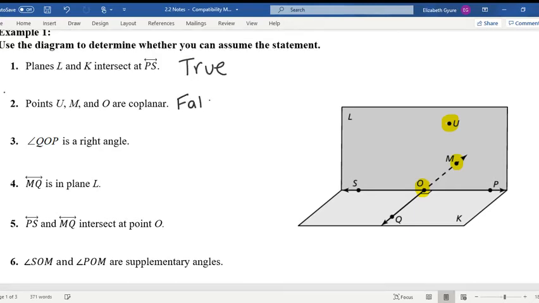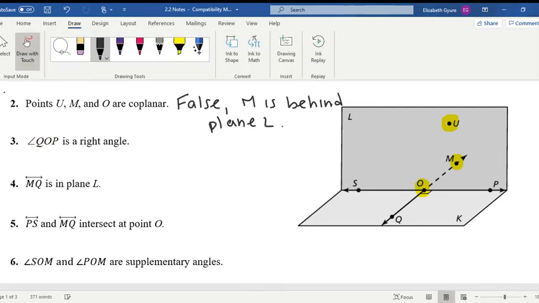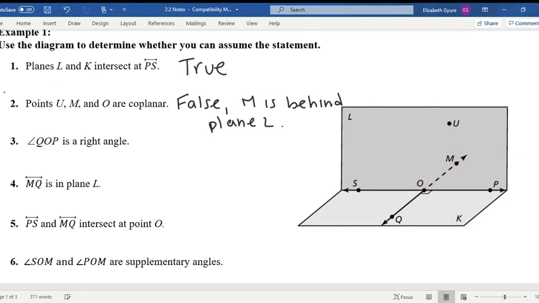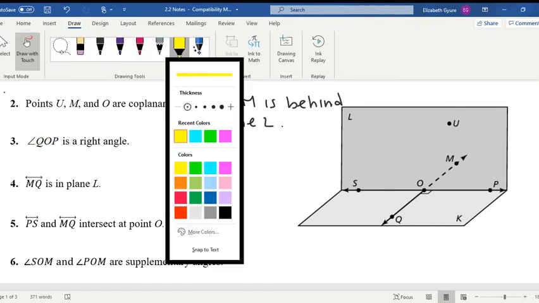We're going to say false, and then we're going to say M is behind plane L. Number 3, angle QOP is a right angle.